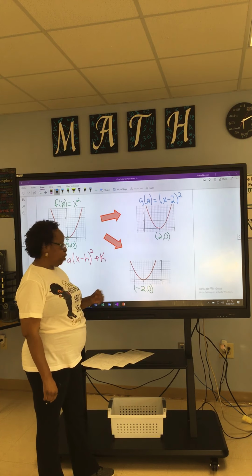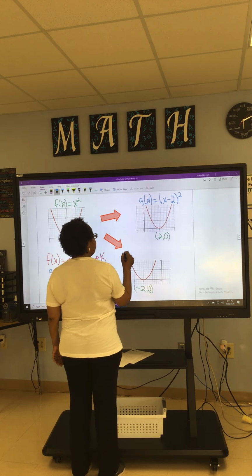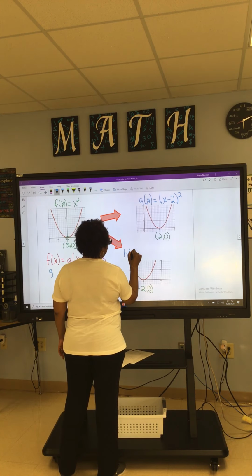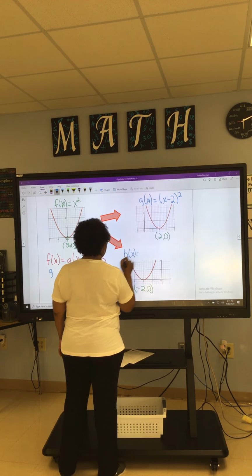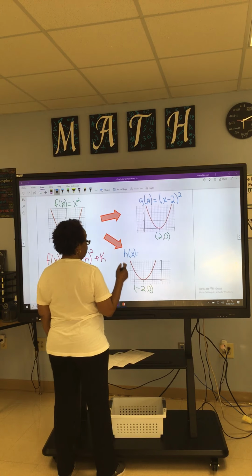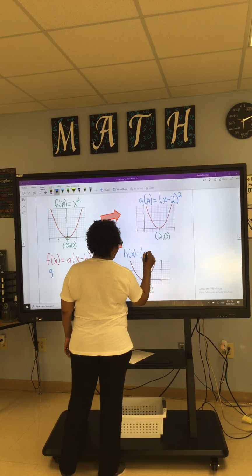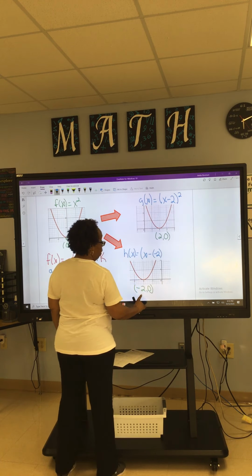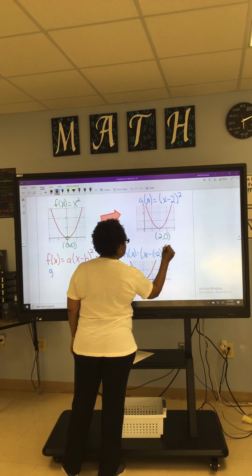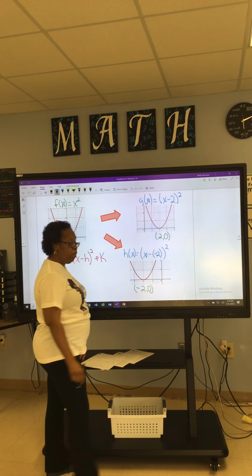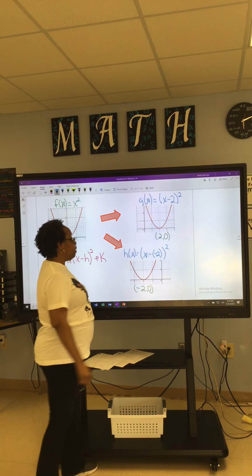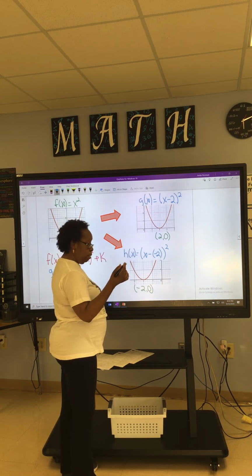Let's look at a left shift right here. If I plug in negative 2 for h, so if I have h of x equals, again, my a is 1, parentheses x minus negative 2, close, squared, plus 0 because k is 0. So how do we simplify this? Right, a minus and a negative make a plus.